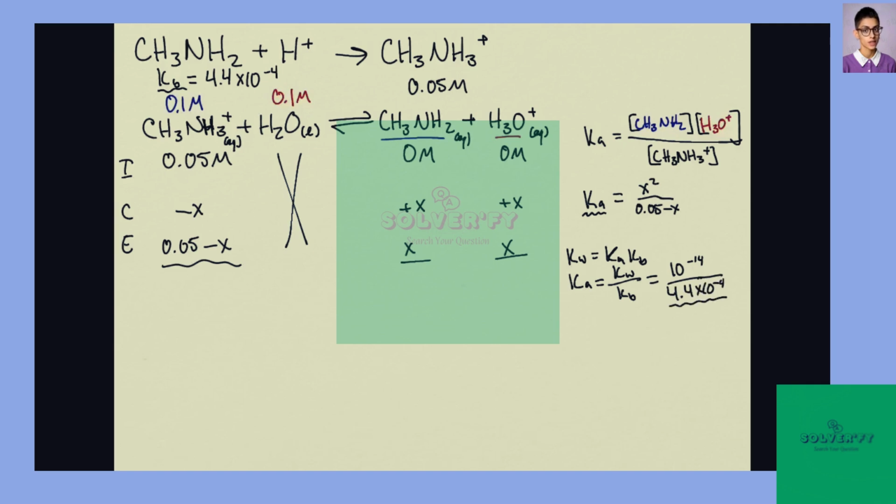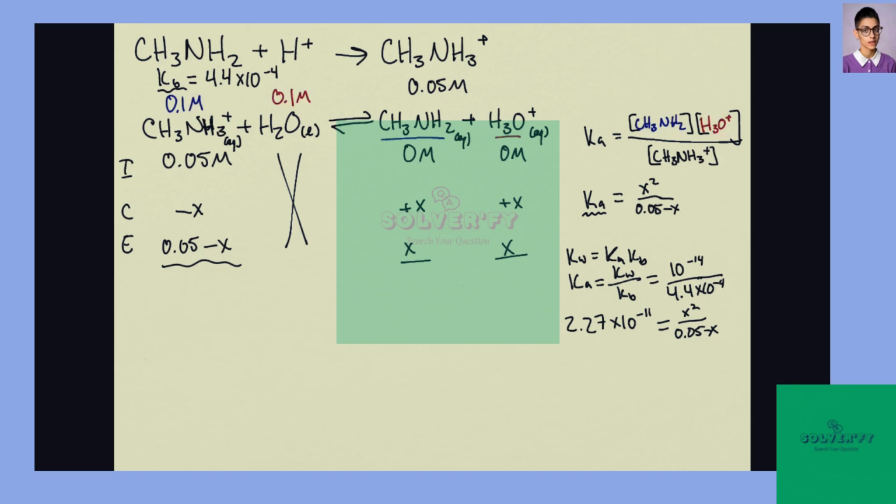This value here we got from the problem, and the value of Kw is a constant. This gives us a Ka of 2.27 times 10 to the negative 11th, which again is equal to x squared over 0.05 minus x.